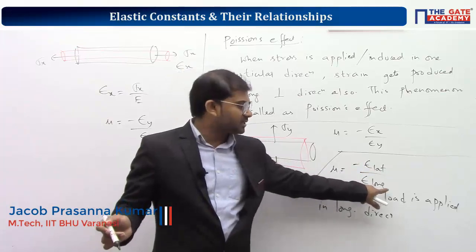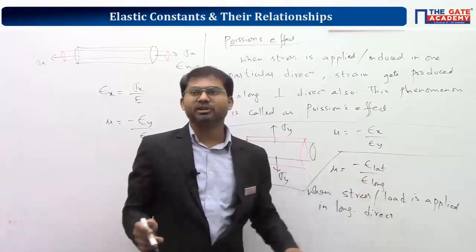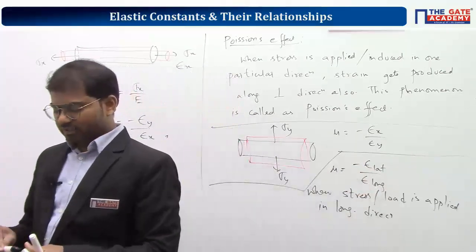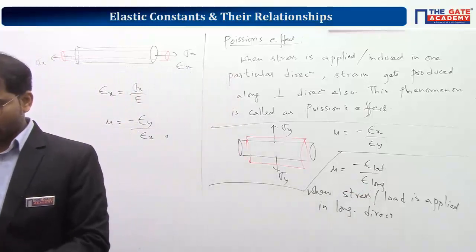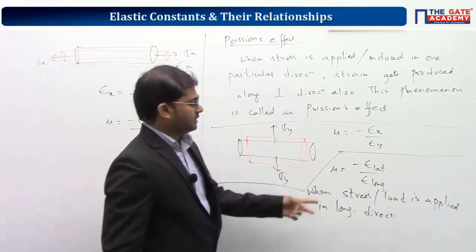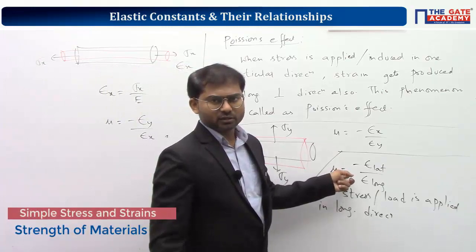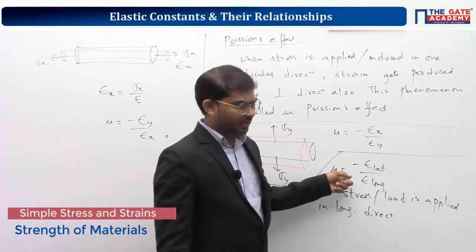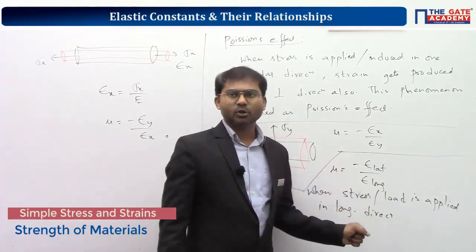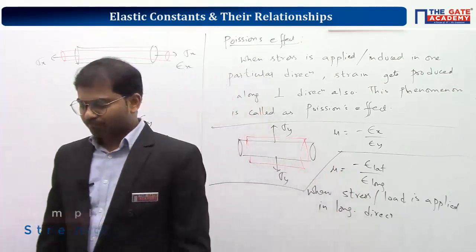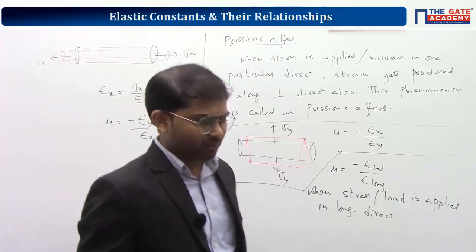Whatever direction the load is applied along should come in the denominator. So kindly remember, this expression is valid along with this statement only. Kindly copy that. Once over, please let me know.